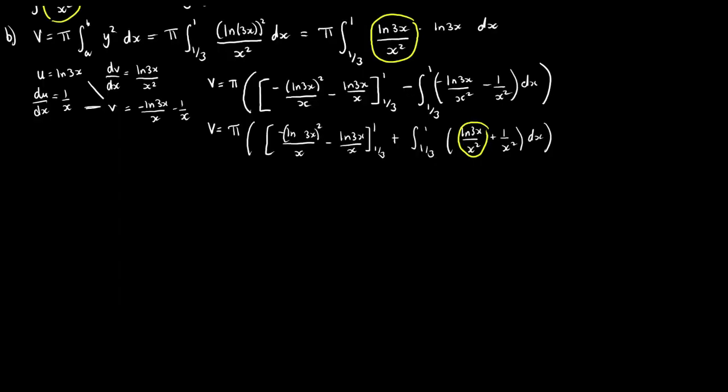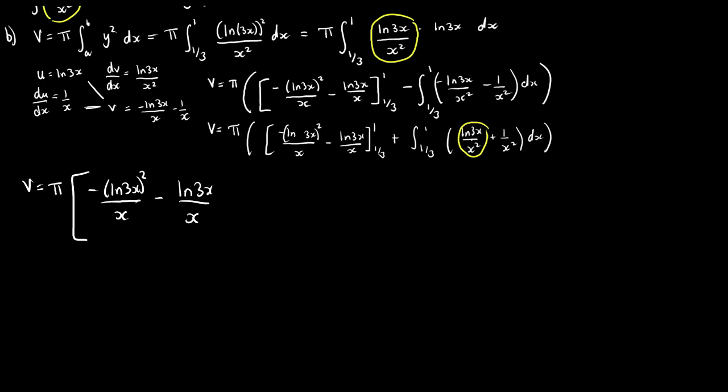So carrying on, my volume is equal to pi times, well, we can now probably put the whole thing in square brackets. So I've got minus log 3x squared over x, minus log 3x over x.